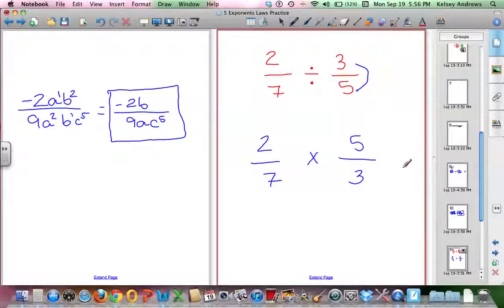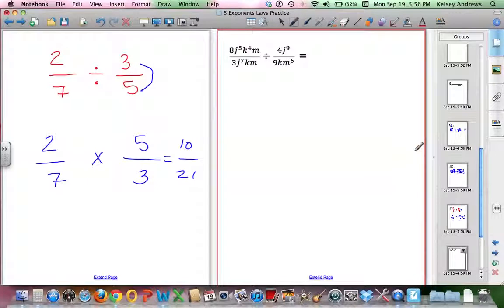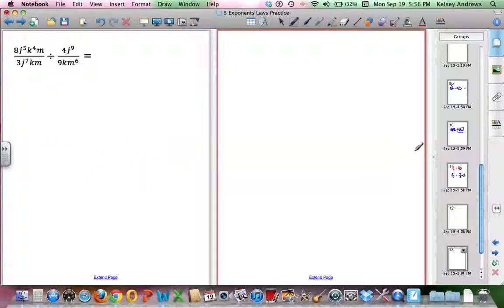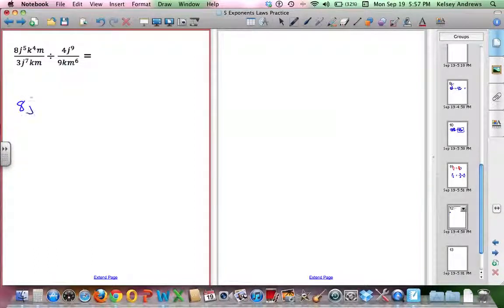So we would multiply by the reciprocal, and then we can just multiply straight across. 2 times 5 is 10, 7 times 3 is 21. Okay, so we're going to use the same concept, but notice we have much more complicated fractions now. So let's rewrite that by multiplying by the reciprocal so we don't forget that important step.